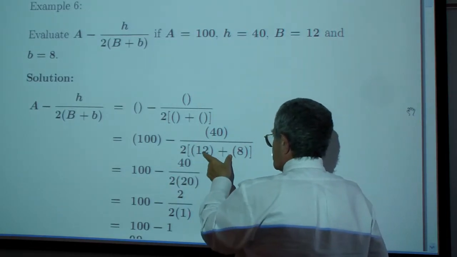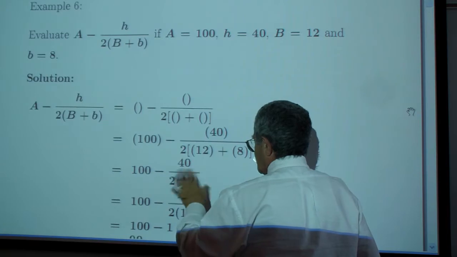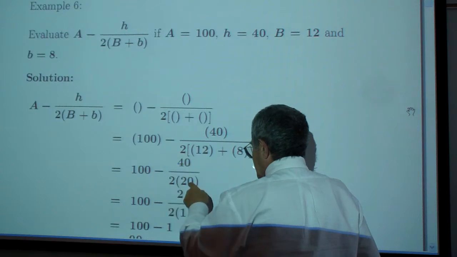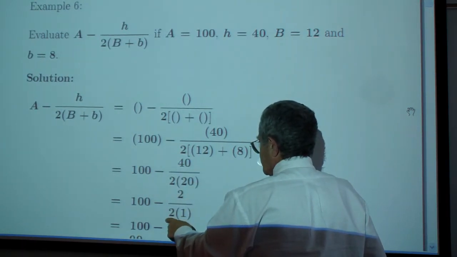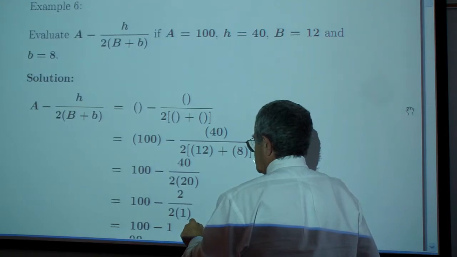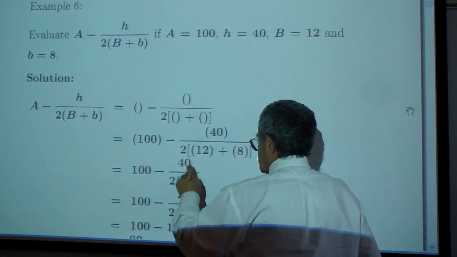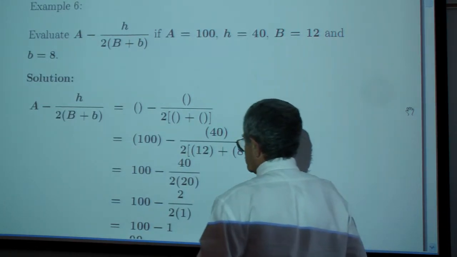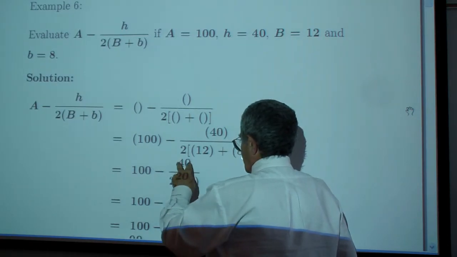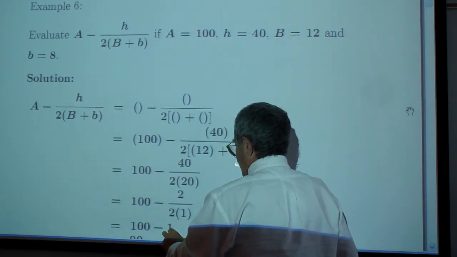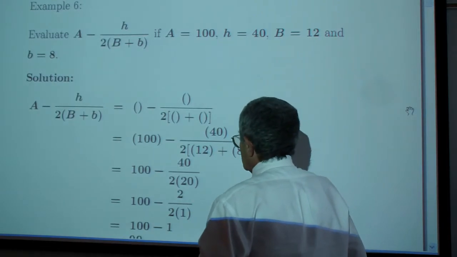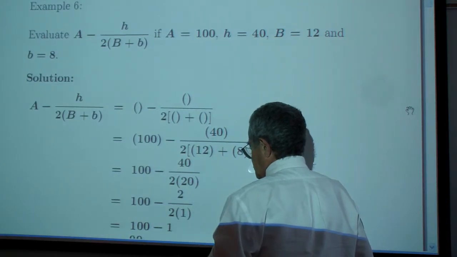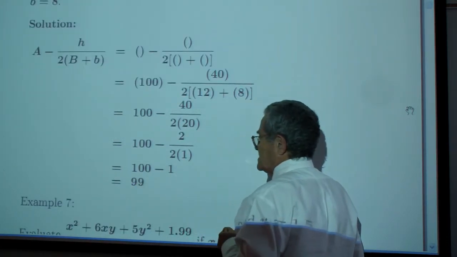So you get 40 over 20, which gives you 2. Something is interesting here. You have 40 over 40, which is equal to 1, which is correct. So you have 40 over 2, which gives you a 2. That's where the 2 comes from, 40 divided by 2. And then you end up with 99.